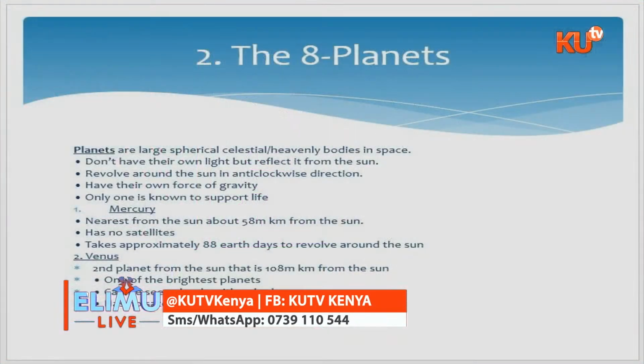Now, if my producer can project the picture of the solar system, you will be able to see that the first planet is Mercury. It is the closest planet to the sun.